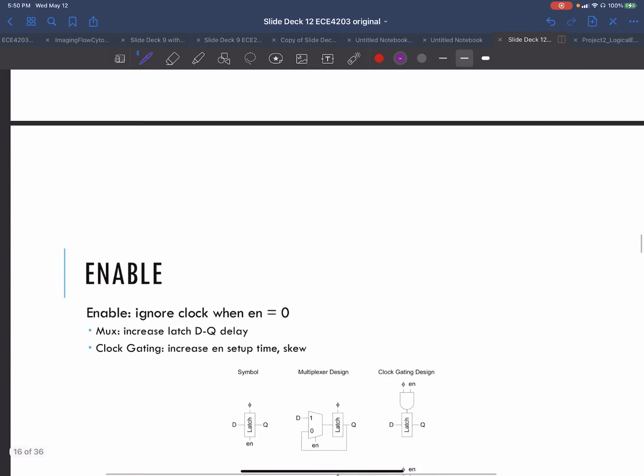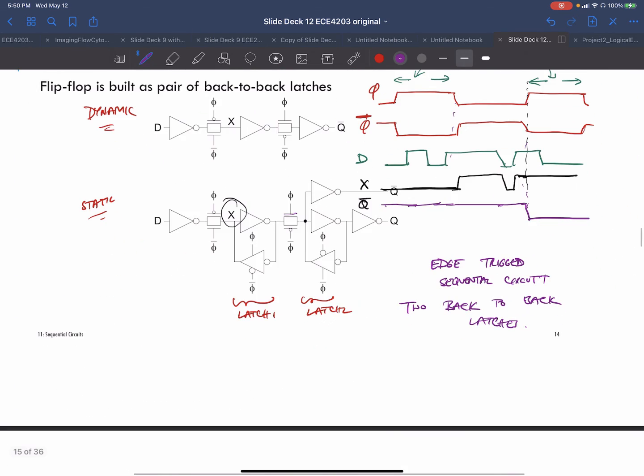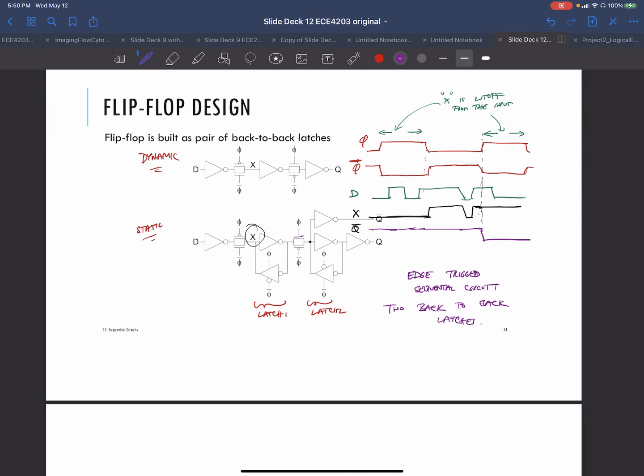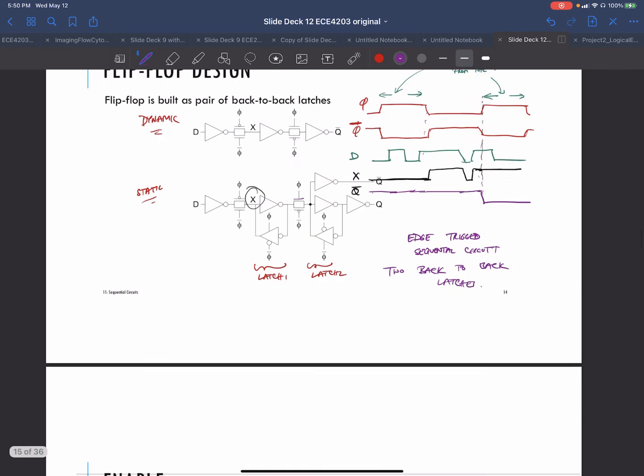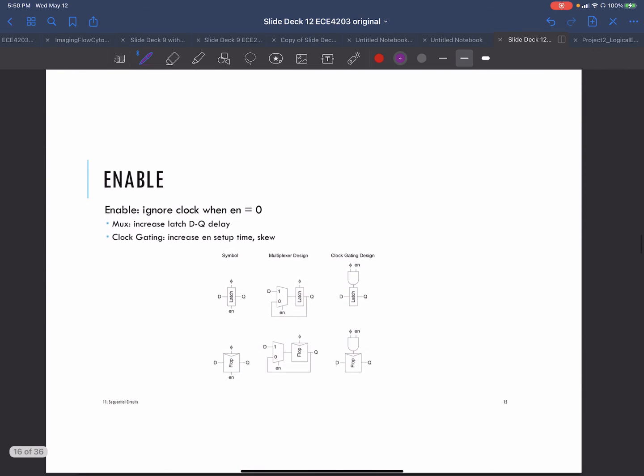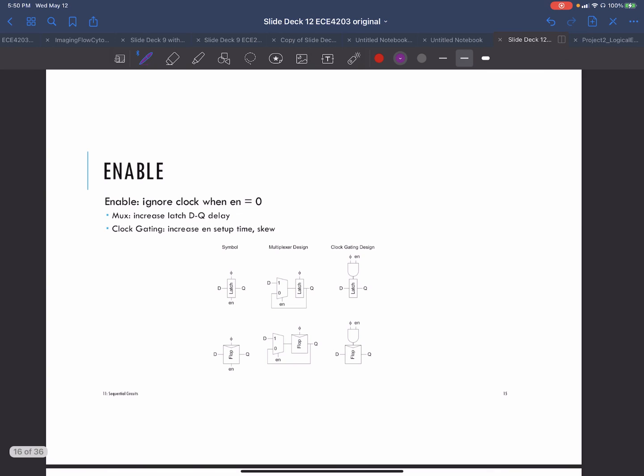And so that's how a flip-flop works. It can get a little complicated. You might want to try to follow this yourself with various inputs and see how it works. But the main thing is latches are level triggered and flip-flops are edge triggered.